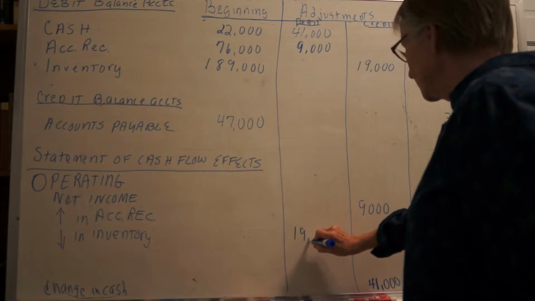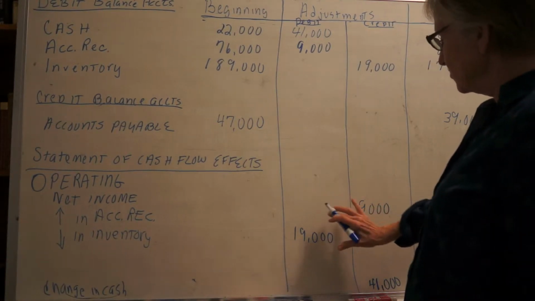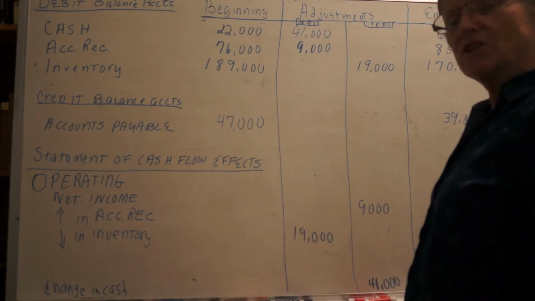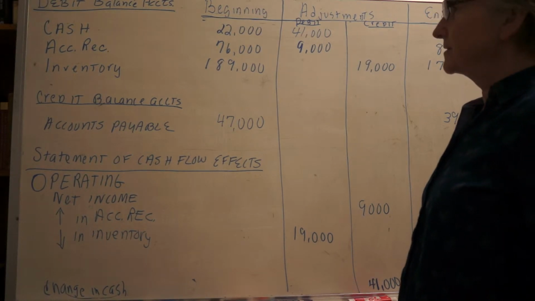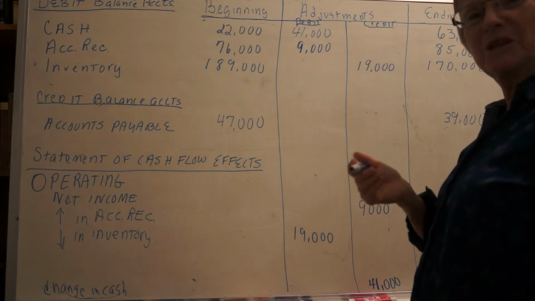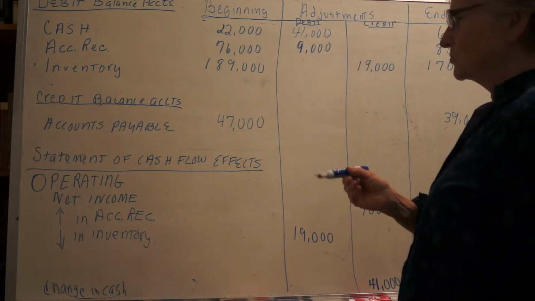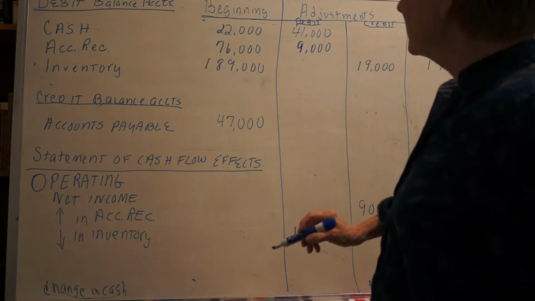So it was a credit up above, it's a debit down below. And what these entries down below are giving us is what was the impact on cash of the changes up above. So, I think I'm going to stick with the mechanics of this right now, and we'll come back to why this makes it a lot easier later.